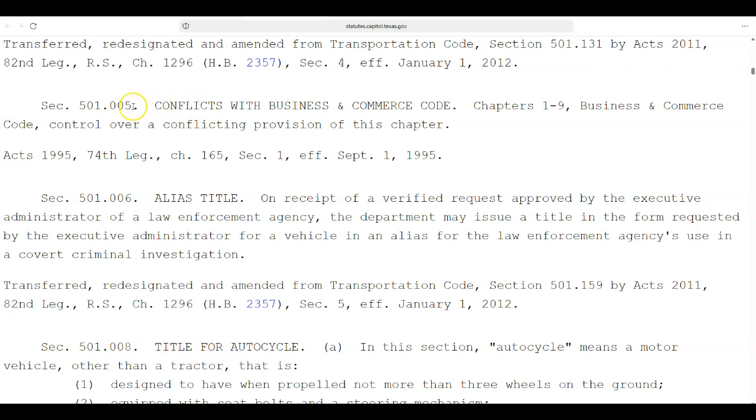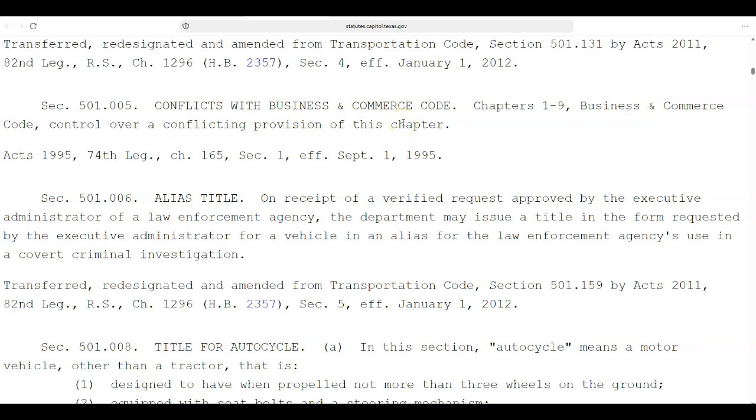Section 501.005 conflicts with Business and Commerce Code, conflicts with UCC, state statute, okay? Articles 1 through 9 of the UCC control over conflicting provisions of this chapter, okay?